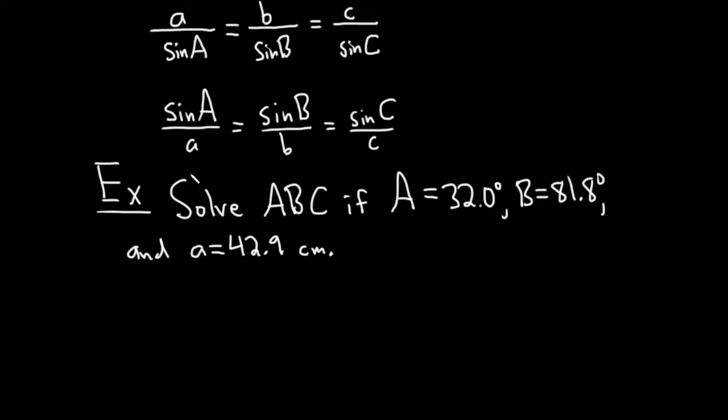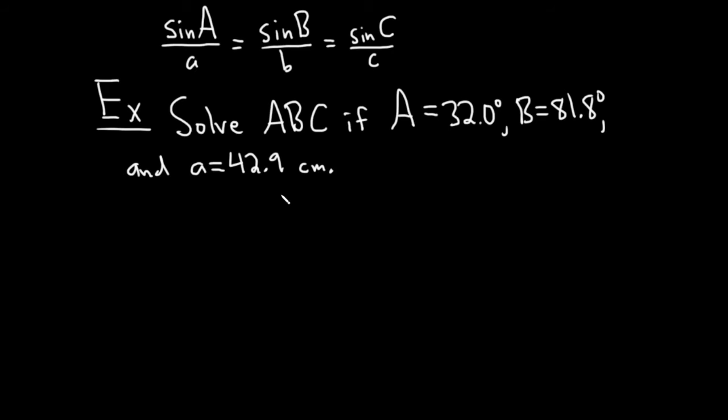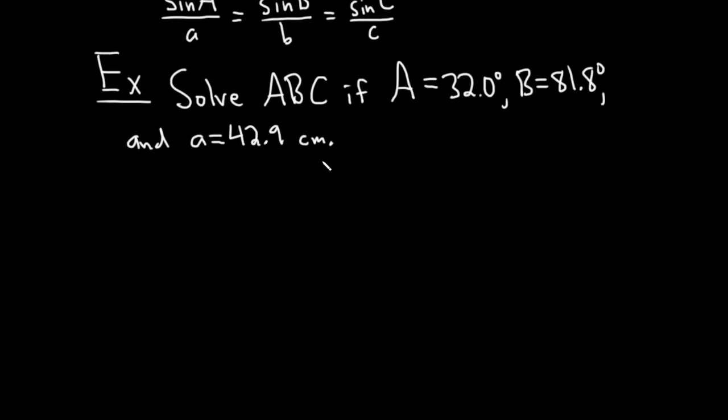Okay, so the first thing we should do maybe is draw a rough sketch of our triangle so we can see what we're missing and what we need to find. So, solution. We'll start by putting A here. So here's big A. Okay, and then we'll come up here. And B is 81.8, so A is going to be pretty small.